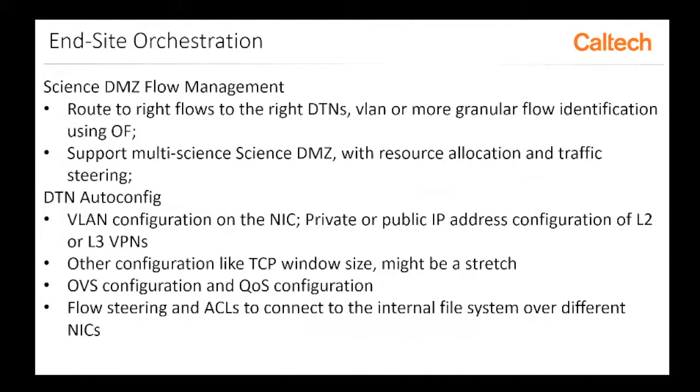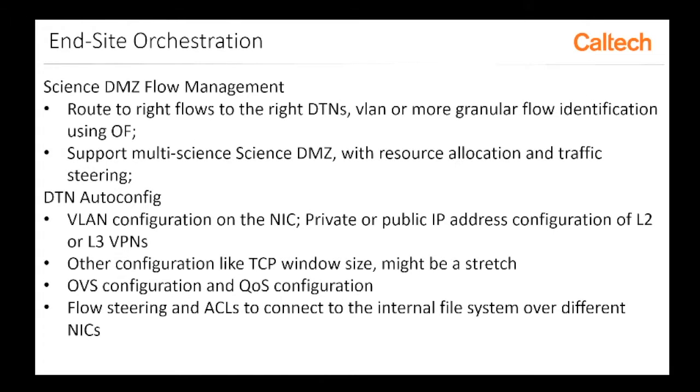At the high level, the main things are to move the right flows to the correct VLANs, which are created through the orchestrator, support multiple science DMZs, and also control any SDN controller, whichever site is in control.